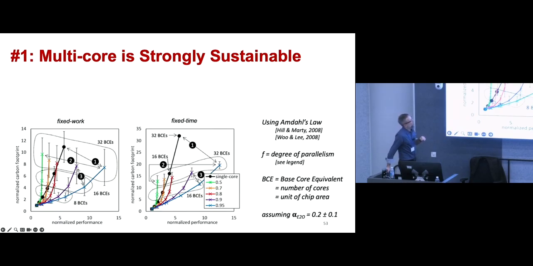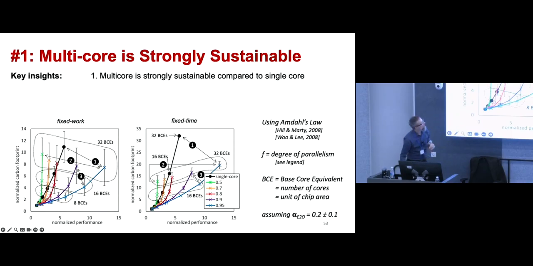If you compare that to multi-core, we end up with these colored curves, depending on the amount of parallelism in the workload. The higher the degree of parallelism, ranging from 0.5 to 0.95, the more the curves move towards the bottom right on these plots.